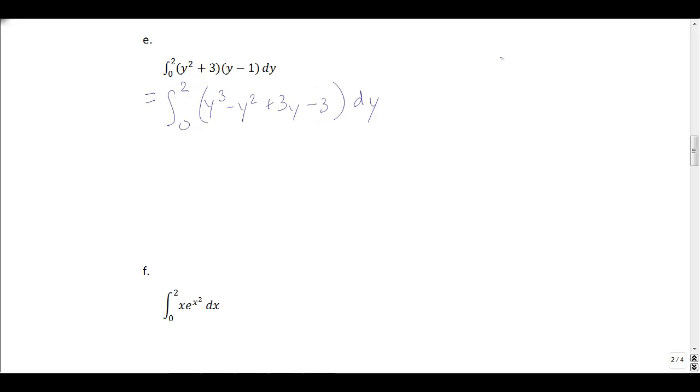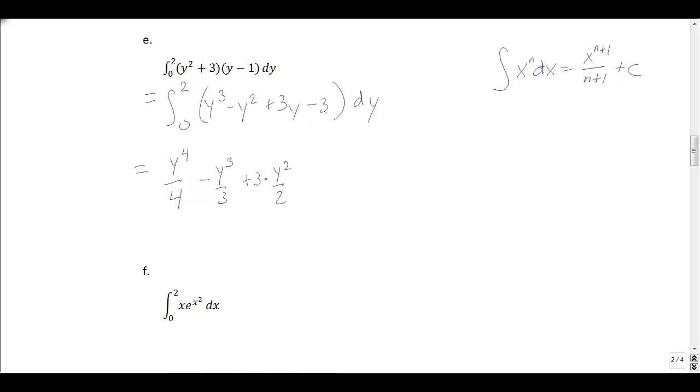And then I can use that rule that says the antiderivative of x to the n dx is x to the n plus 1 over n plus 1 plus c. We leave off the plus c's with our definite integrals. And so what we get, we can use y's in place of x, it doesn't matter what the letter is. y cubed, you do an antiderivative, is y to the 4th over 4. y squared gives me y cubed over 3. 3y gives me plus 3 times y to the 2nd over 2.